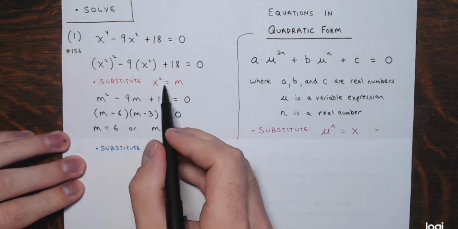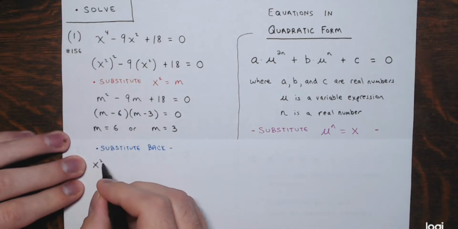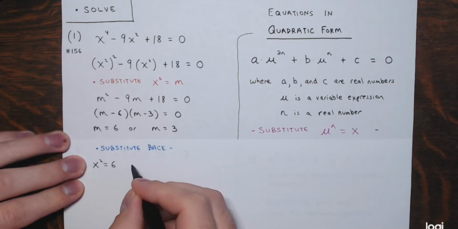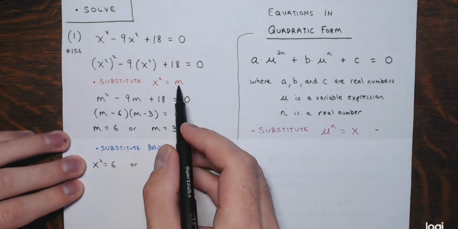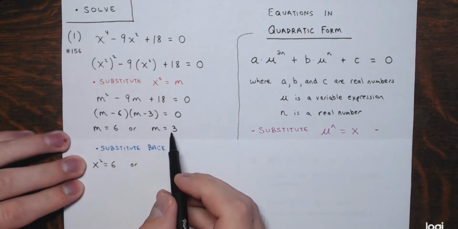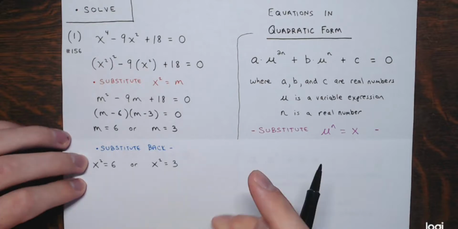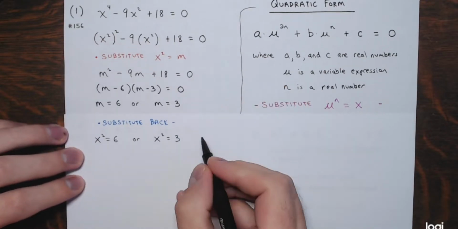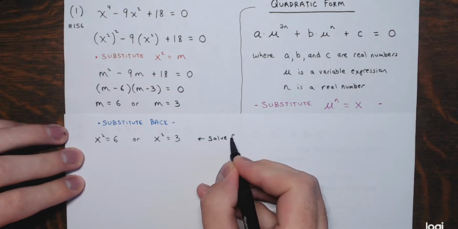Well, remember, m is x squared, so this is the same thing as saying x squared equals 6. And m equals 3. M was x squared, remember? This is the same thing as x squared equals 3. And then I solve these. Solve for the original variable, solve for x.